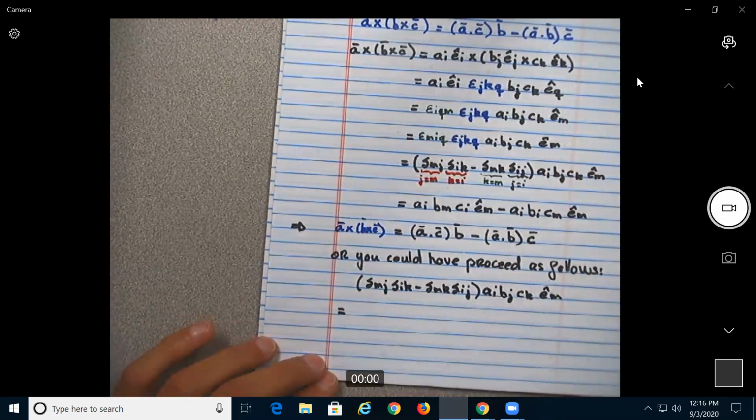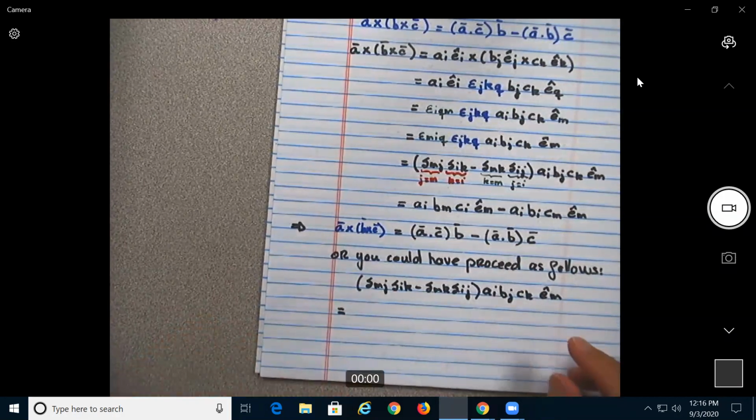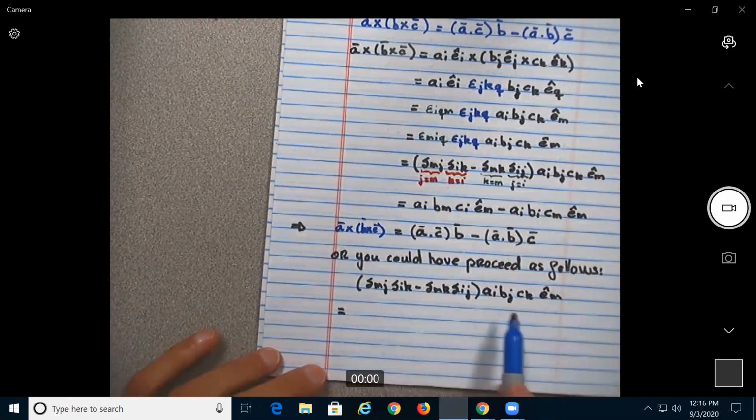What you can do is this. All right, so over here, you see IK has two indexes in common, no?